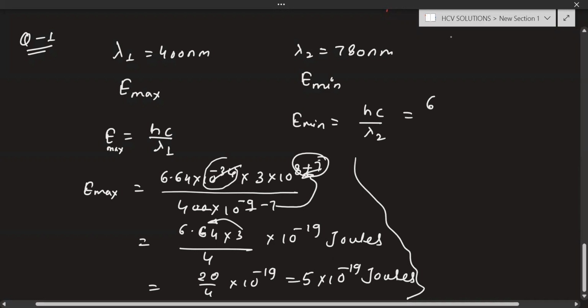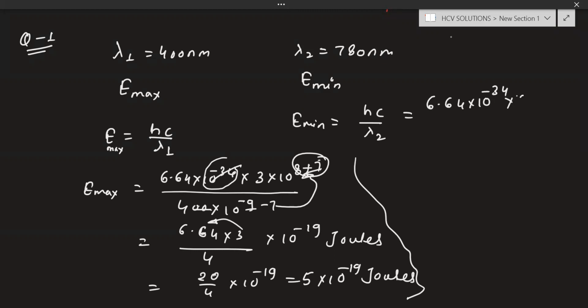So you will write 6.64 into 10 to power minus 34. Same thing we have to do here, 3 into 10 to power 8, divided by 780 into 10 to power minus 9.